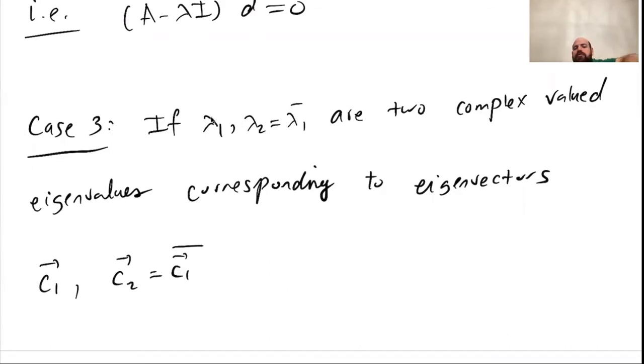If lambda 1 contains some imaginary part, then the complex conjugate of lambda 1 will also be an eigenvalue for A. So in the case of A that is 2 by 2, if I have two eigenvalues, lambda 1 and lambda 1 bar, then the eigenvectors will be C1 and C1 bar.